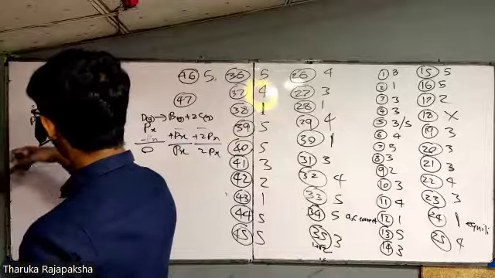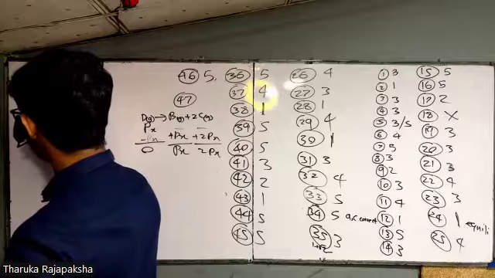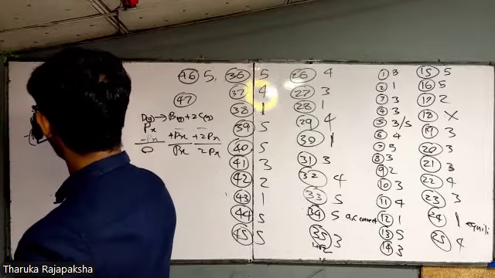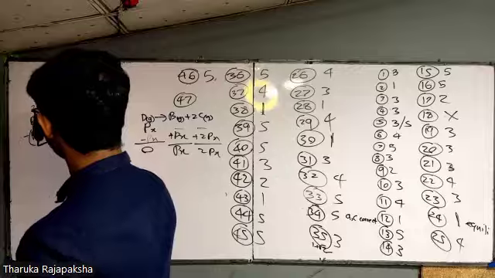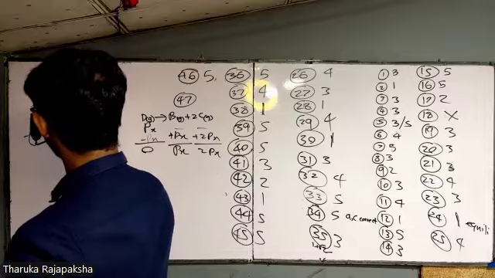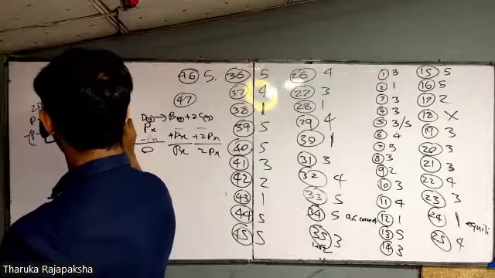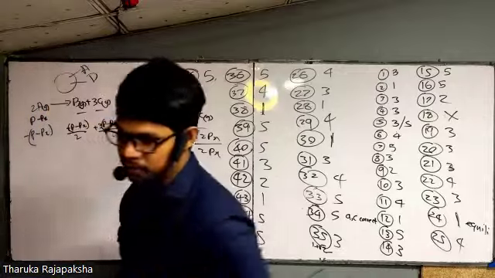Everything will react, minus (P minus Px). I'll make a plus (P minus Px) divided by 2. This one is plus (3P minus Px) divided by 2, plus 3Px.